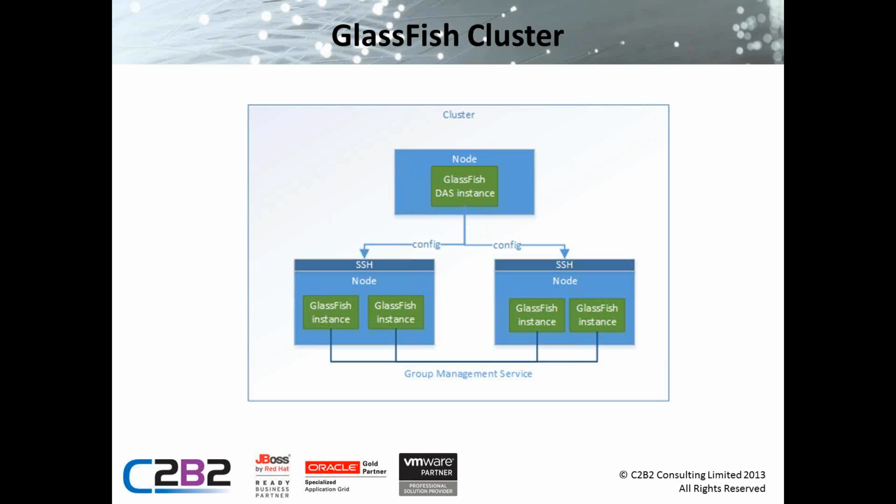You have the cluster, and you have a domain administration server, which does the configuration part and the deployment part. Then you'll have actual nodes. Nodes in GlassFish terminology are machines, Linux servers or Windows servers. It could be a VM, but it's an operating system where GlassFish is installed.